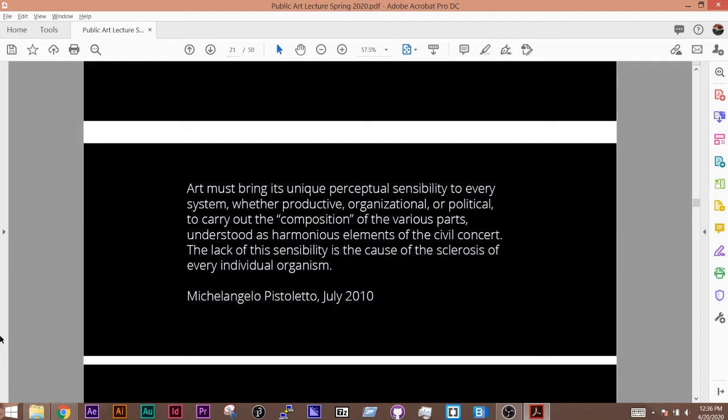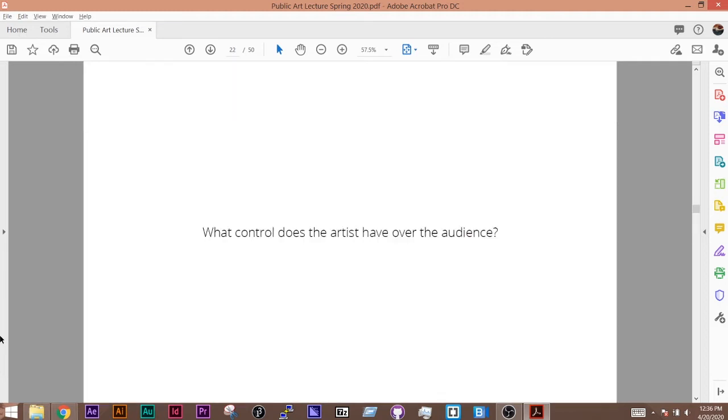It is an awareness of this civil concert, this movement in society, and if there isn't an attention to it, there's a sclerosis, a breaking down or hardening of how we function. And I think in this case, this is a very optimistic view of what art can do, which I appreciate.